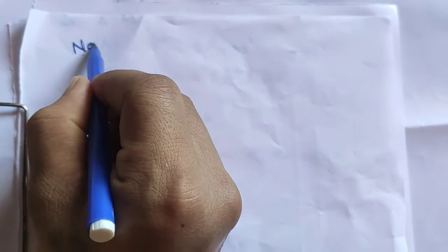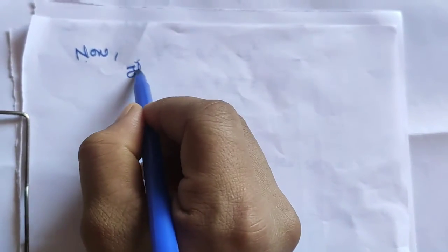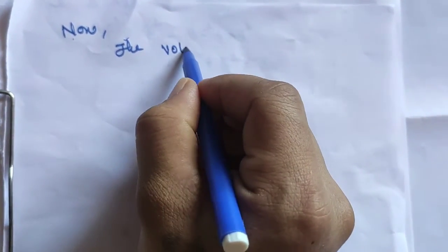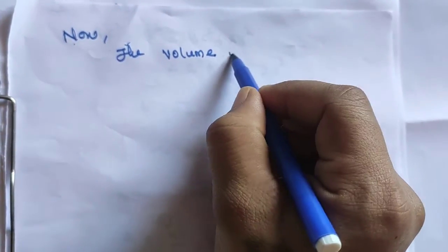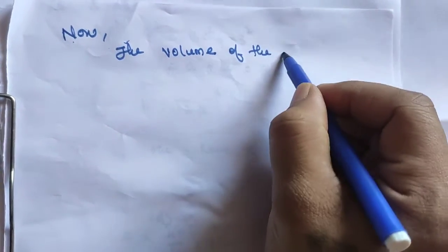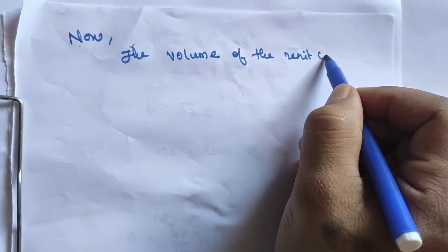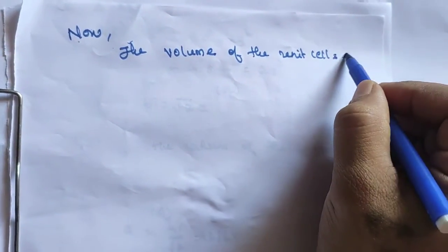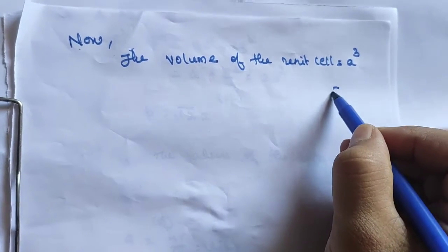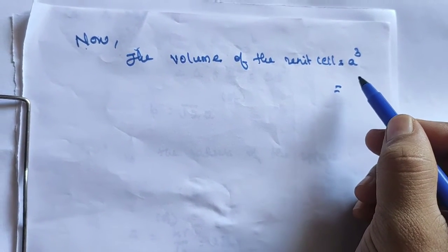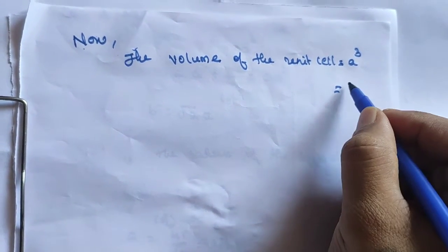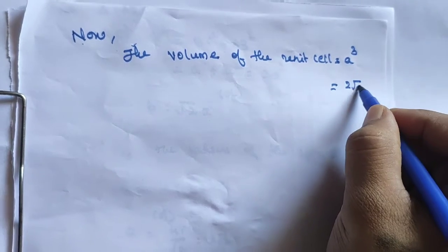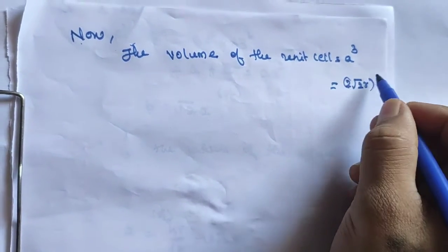Now the volume of the unit cell is taken as A cube. So we already have the value of A, that is 2 into root 2 R, whole cube.